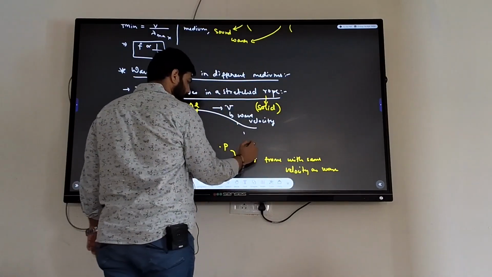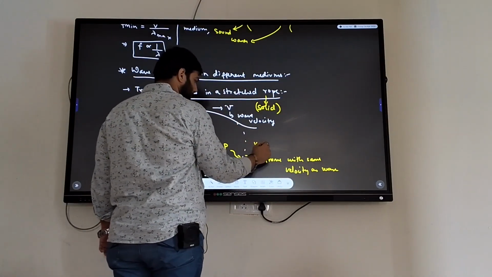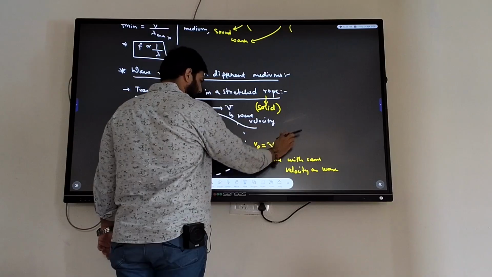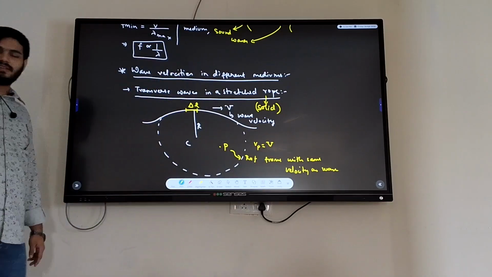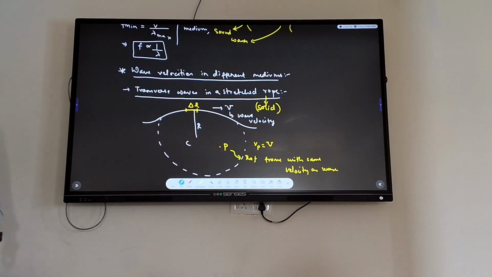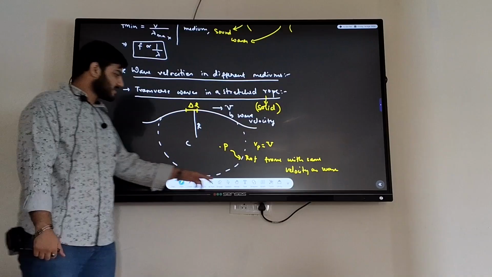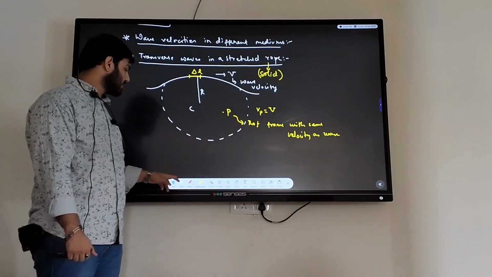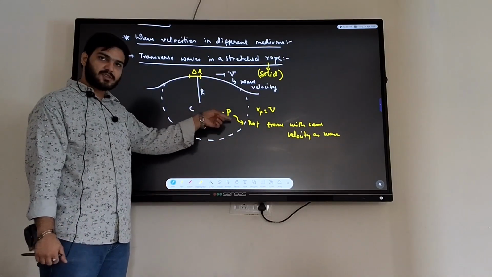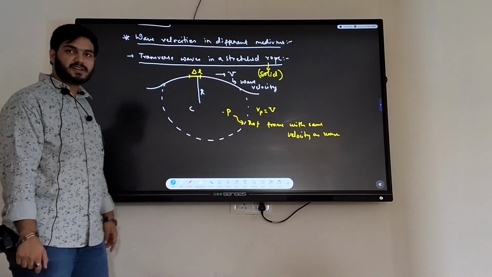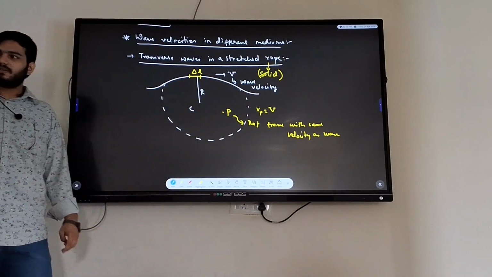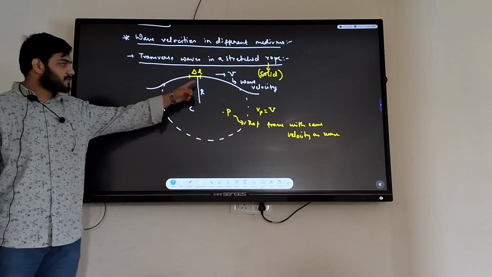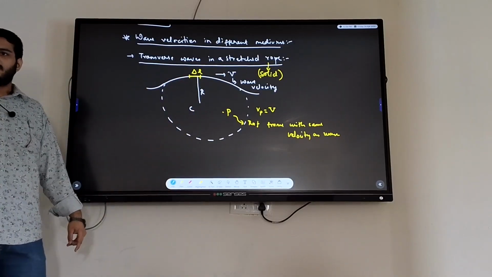That means Vp is also V. Now, rather than studying the wave motion, we will concentrate on the rope motion. What will be the velocity of the wave with respect to this observer? Zero. What will be the velocity of the rope with respect to that observer?